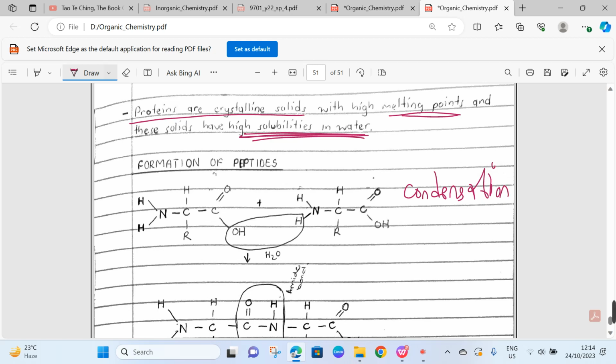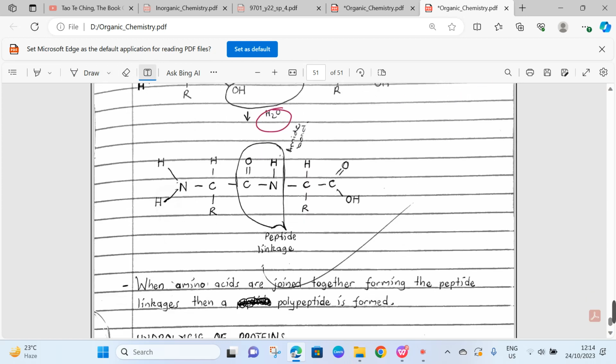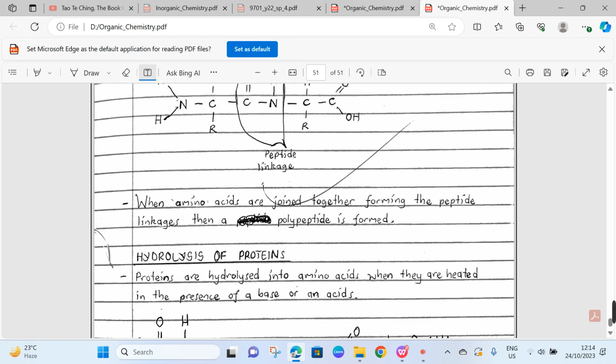Two amino acid molecules can come together to form a new molecule through the elimination of water, to form a peptide linkage or an amide linkage. When amino acids are joined together, they form peptide linkages. That's all you're supposed to know.